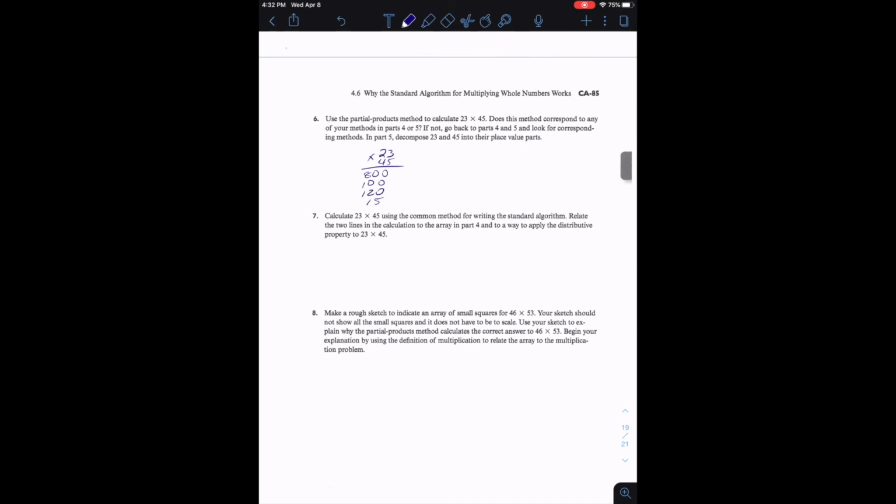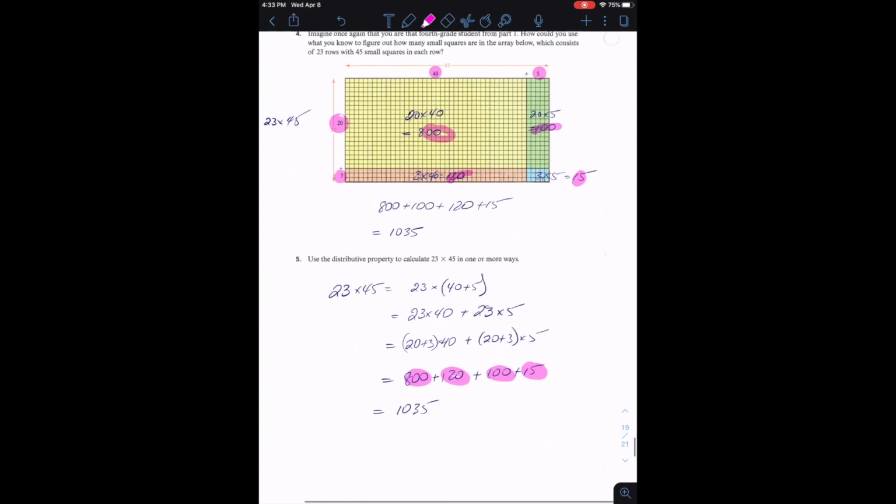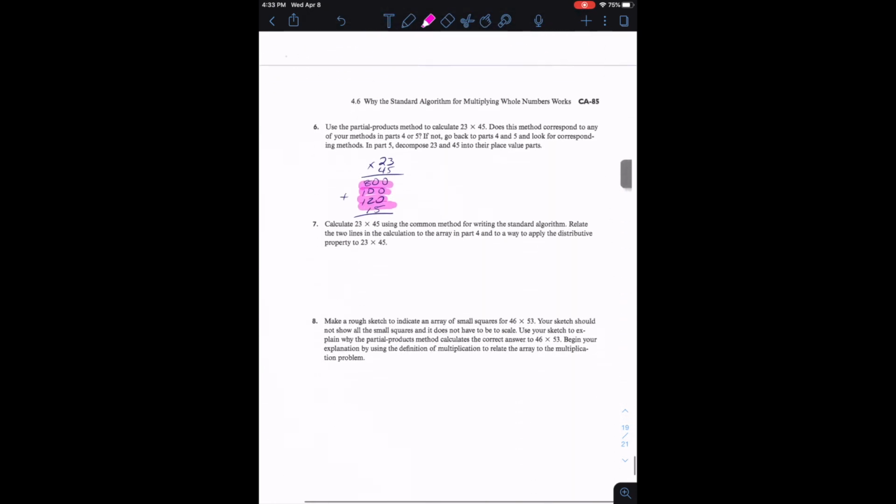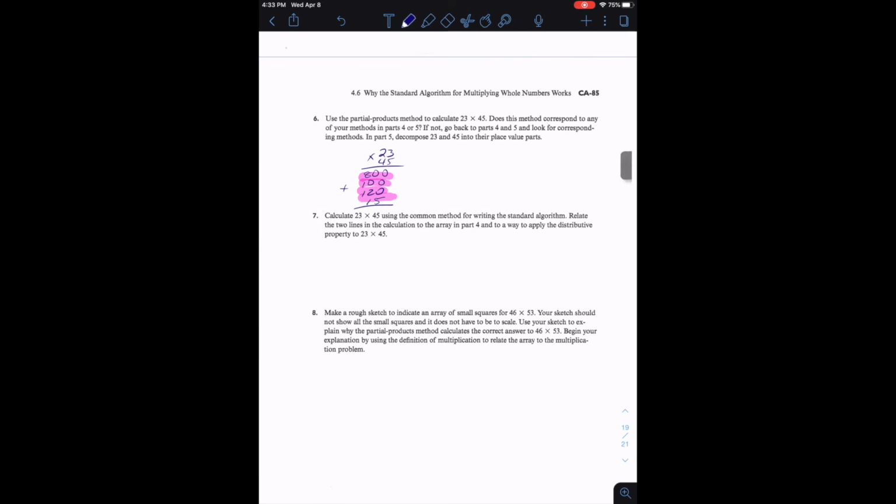And 5 times 3, we get 15. And notice that those are exactly the same numbers that came up here. So all of those methods are actually connected with each other. And so the total would again be 1,035.